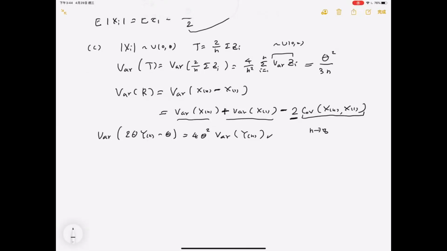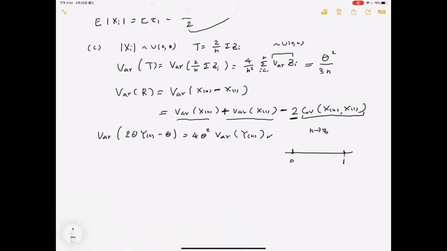Imagine when n goes to infinity, you have something, for example, from 0 to 1. If you have x1 to xn in some range from 0 to 1, even if n goes to infinity, I think it will be fine.